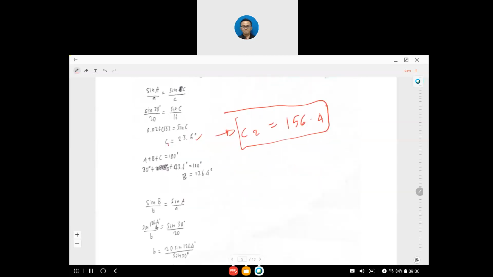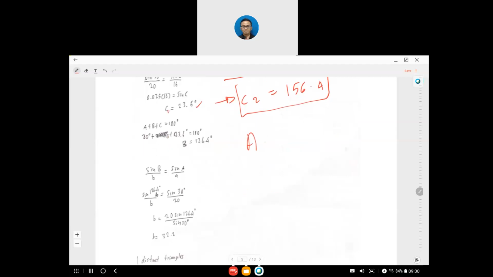So A plus C2 equals how much? 30 plus 156.4. So you can get 186.4, which is greater than 180 degree. So it cannot be, because it must be less than 180.